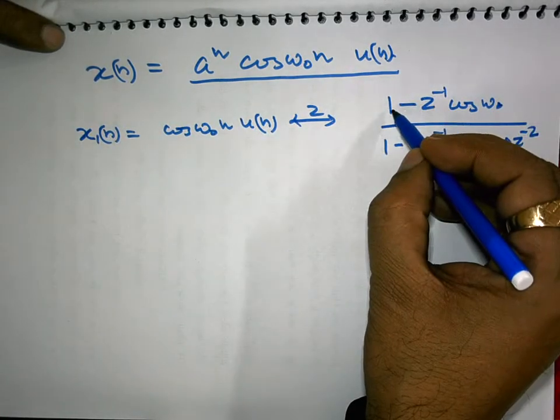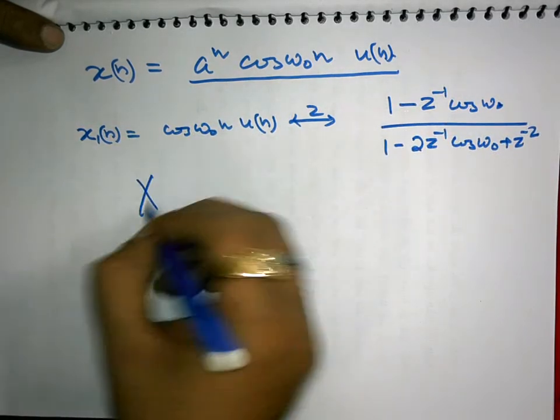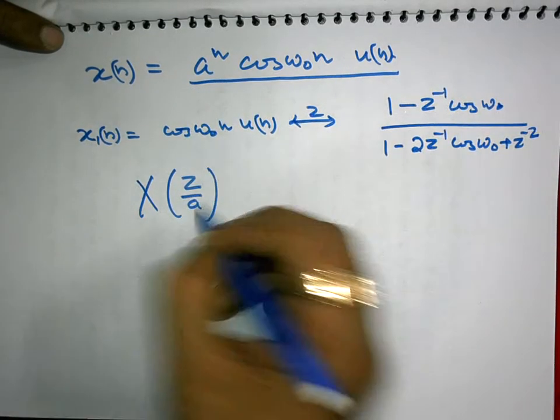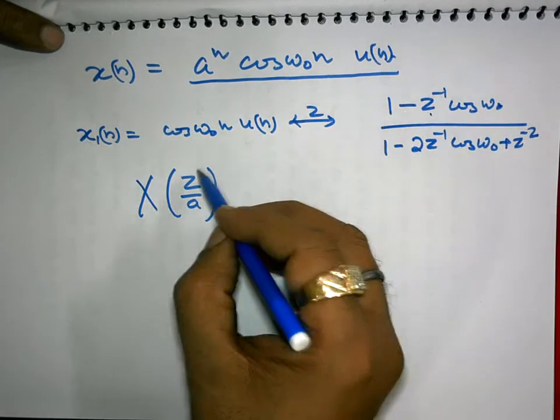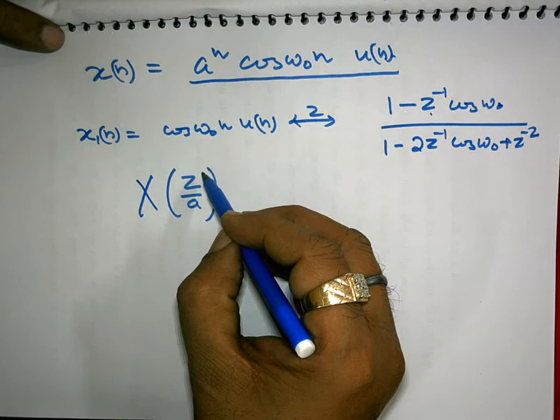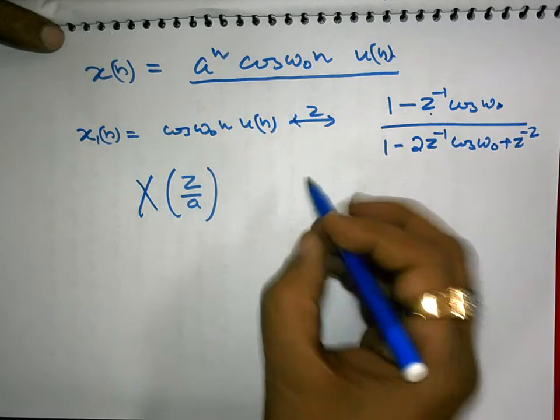So, this will be the z transform of this signal: at every place where there was z in the expression, it will be replaced by z by a. Getting my point?